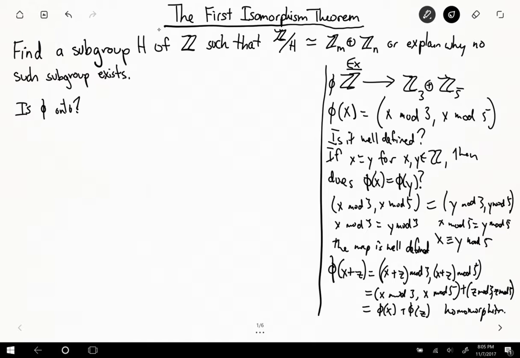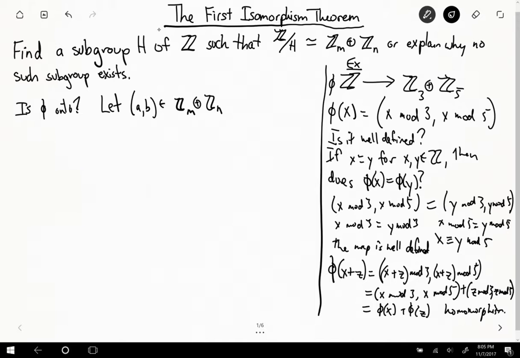Well, all we need to do is determine, if phi is onto, we need to take any (a, b) an element of Zm direct product with Zn. Then we need to find something that produces a and b. That means essentially we have to find some integer that does this.